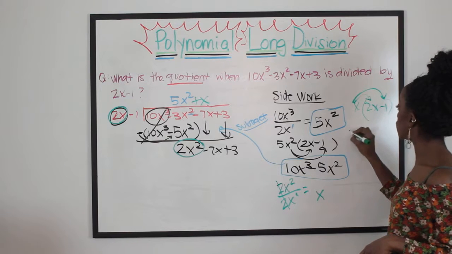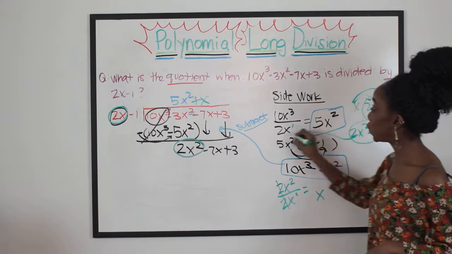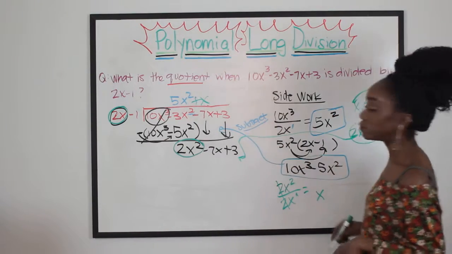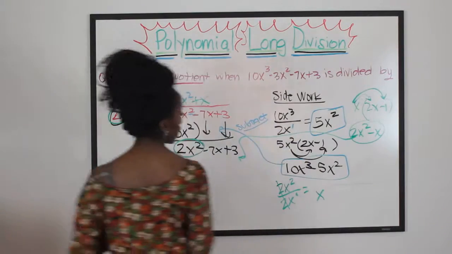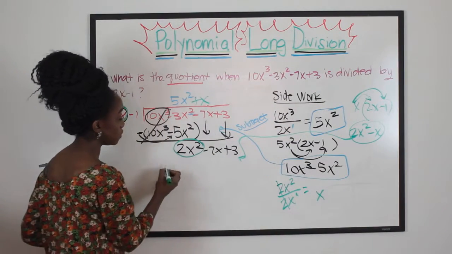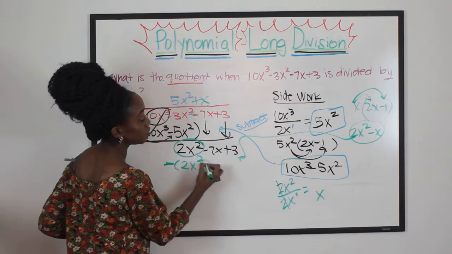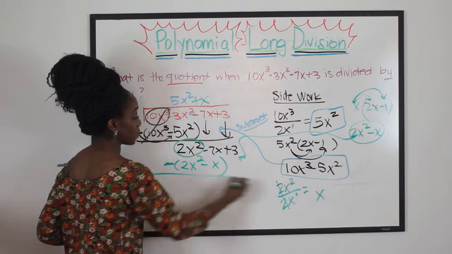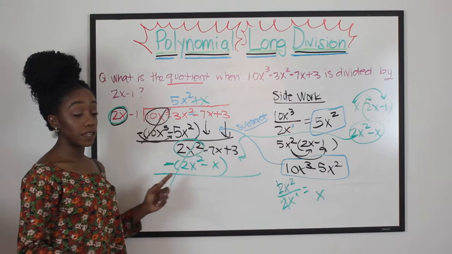So what do we have? 2x squared minus x. This we have to subtract. So let's come over here so that we can subtract it. Use your parentheses. 2x squared minus x. 2x squared cancels. Now we have a negative 7x minus a negative.